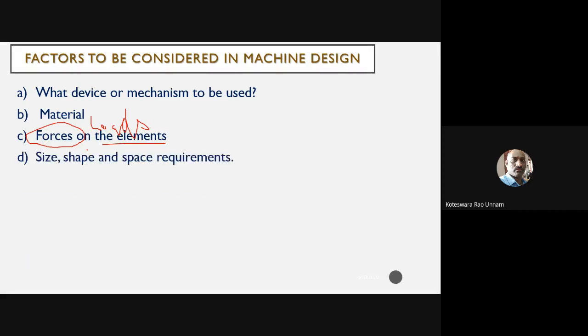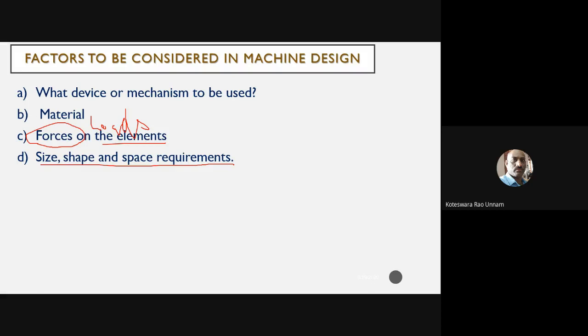Then next, size, shape and space requirements. I think I already told in the previous class, the designer cannot design as per his own imagination. So there should be some constraints. If we design some component with some size that may not be available in the market in a standard form, or sometimes it may not be possible to produce that size also.